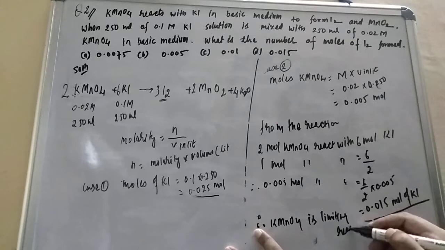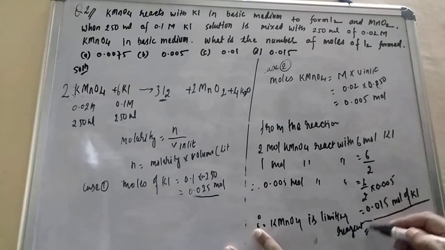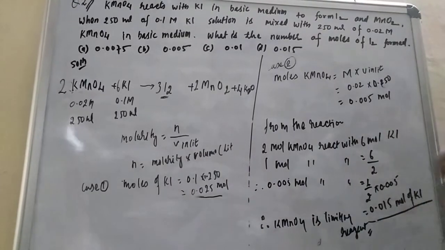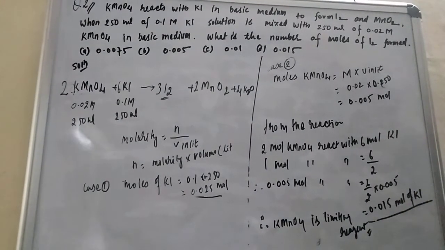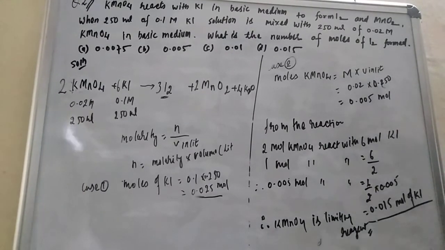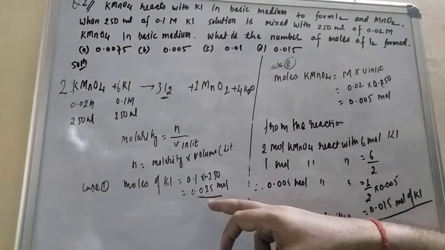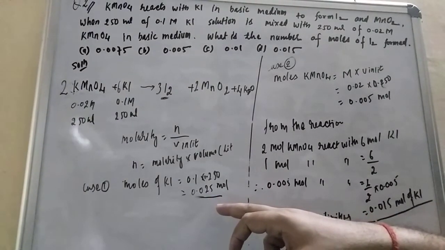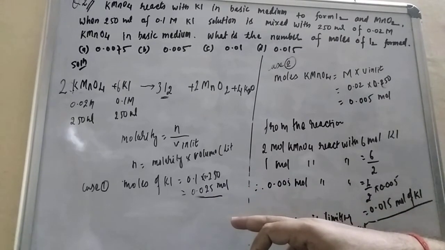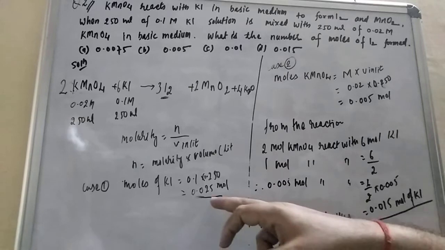Now student, if KMnO4 is the limiting reagent, then for the second case, we are talking about 0.025 KI reacting.